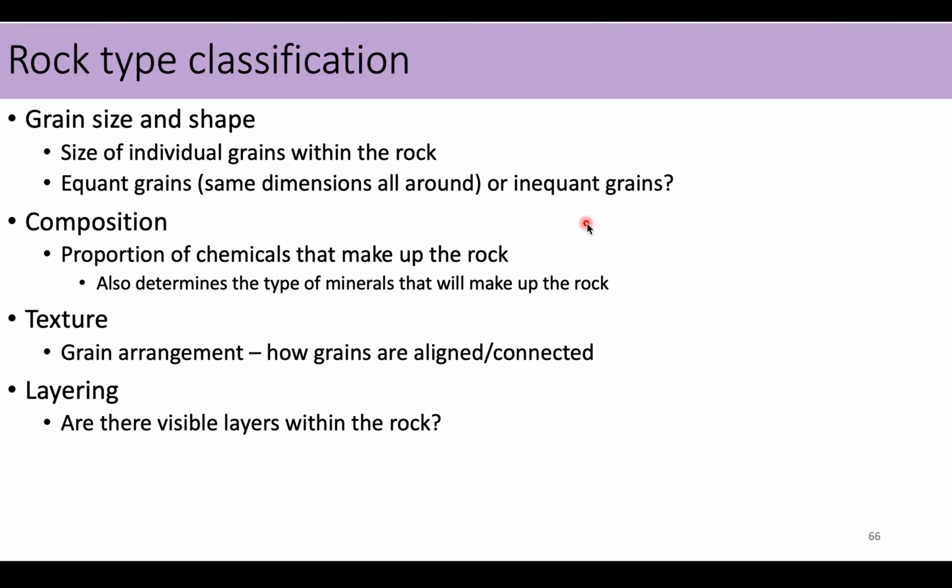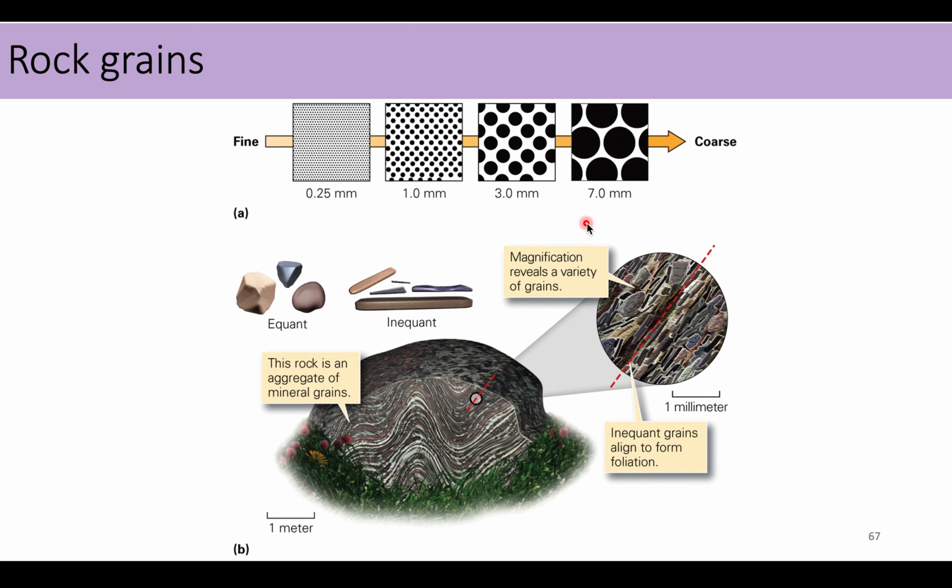We also look at the composition, the proportion of the different chemicals that make up the rock. This also determines the type of minerals that will make up the rock. Then we look at the texture and the arrangement of the grains, so not just the size and the shape of the grain, but how they are aligned, how they are connected, and then layering. Are there visible layers within our rocks?